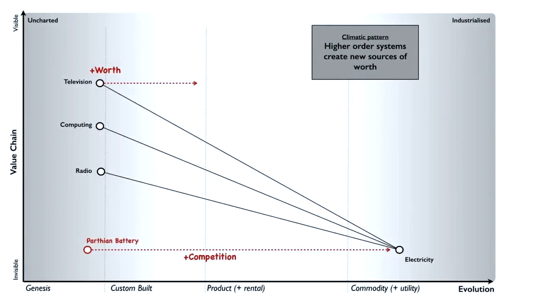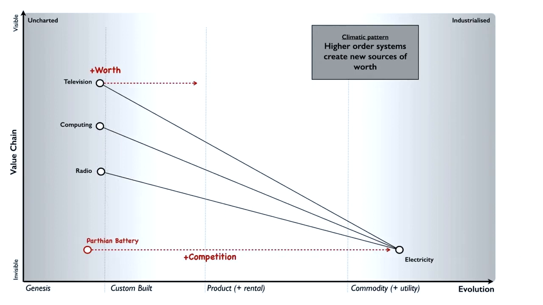A graph marked evolution on the x-axis and value chain on the y-axis appears. 3 points show nearest to Genesis on the x-axis, with television high on the y-axis, visibility, computing in the mid-range, and radio on the lowest. Lines connect each of the 3 to a point on the right marked electricity, low visibility, in the commodity plus utility segment of the x-axis.